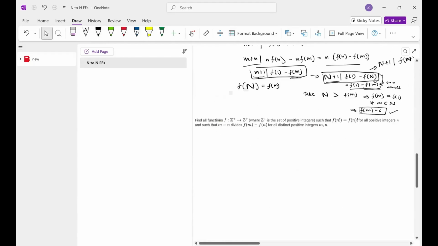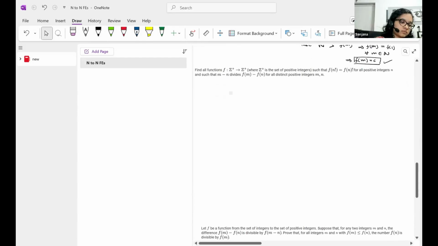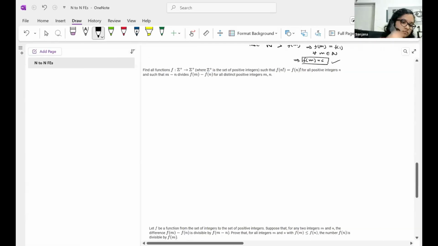Okay. You can try the next problem now. Positive integers are just integers, right?